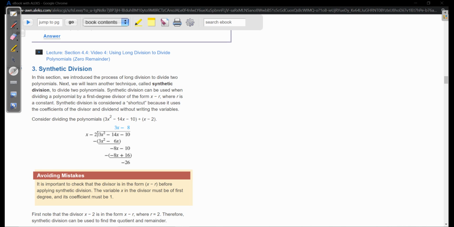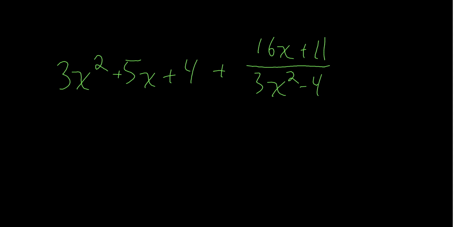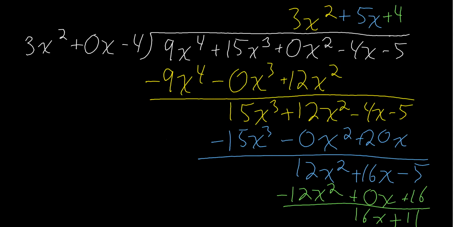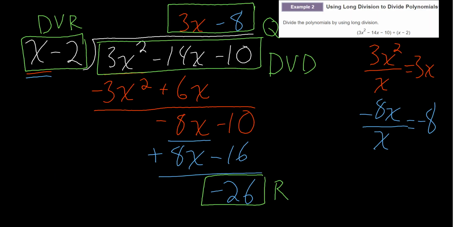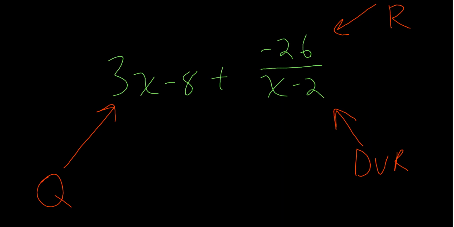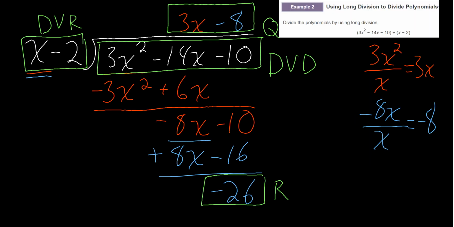So real quickly, in this example, the divisor here is a second-degree polynomial, so I could not have used synthetic division on this problem. In this problem, the divisor is a first-degree polynomial, so I can use it on that problem. Okay, and we will go back and do this problem in a moment using synthetic division.